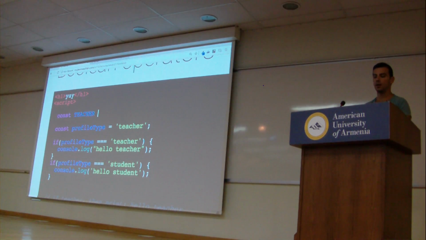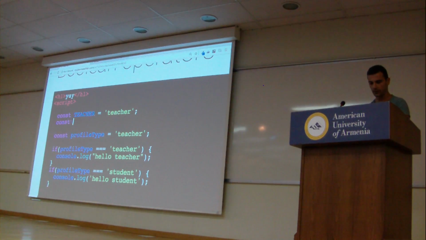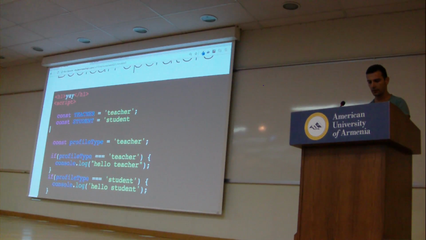By the way, constants are very often written in capital letters, but that's not important, it has nothing to do with syntax. Okay, so we have one teacher, we have one student, and we have one ninja. Okay, and then here what you're saying is let's have this be student, let's have this be teacher. And for now, maybe this can be teacher?